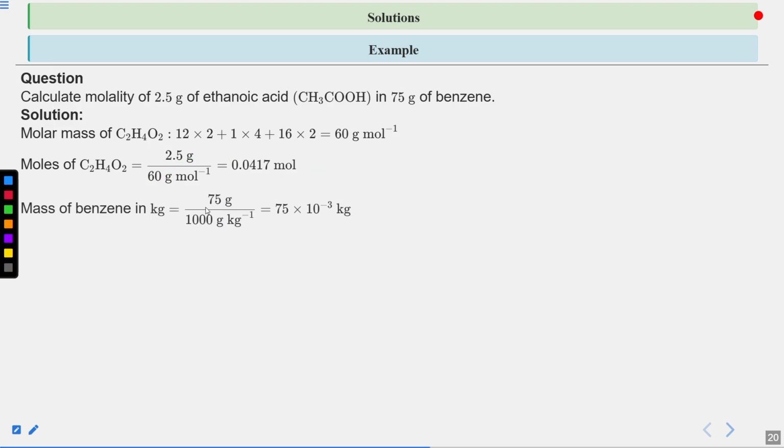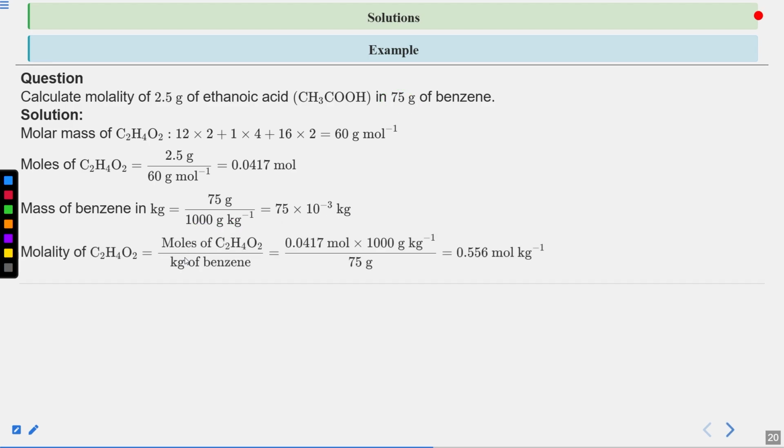What is the mass of benzene in kg? We are given the mass in gram, so divide this 75 gram by 1000 to convert it into kg. It will give you 75 into 10 to the power minus 3 kg. Then molality equals moles of ethanoic acid by mass of benzene in kg.